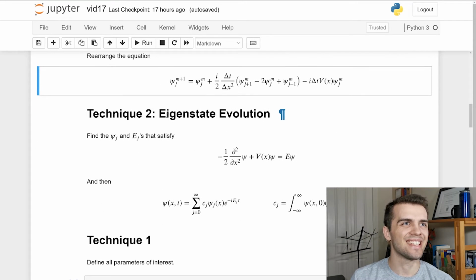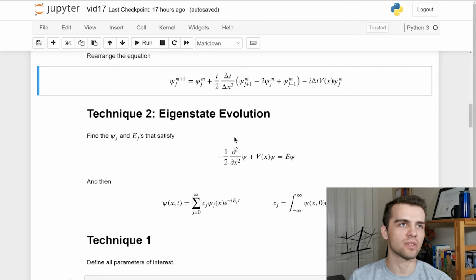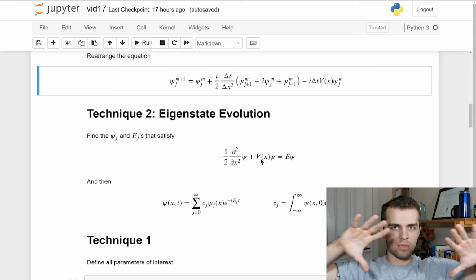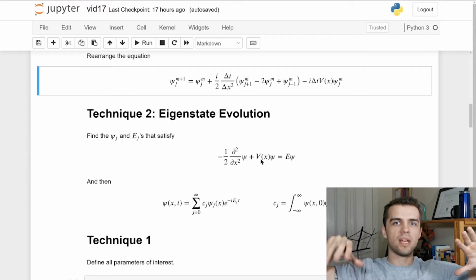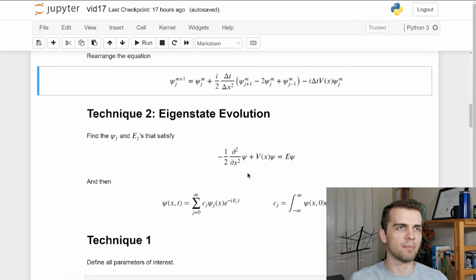The second technique is the eigenstate evolution. And this is sort of what you learn in any quantum mechanics course. You separate the time-dependent Schrodinger equation into two equations. And one of them is the time-independent Schrodinger equation that you see here. And this is in the dimensionless form where I don't have m or h bar. So this is the time-independent Schrodinger equation.